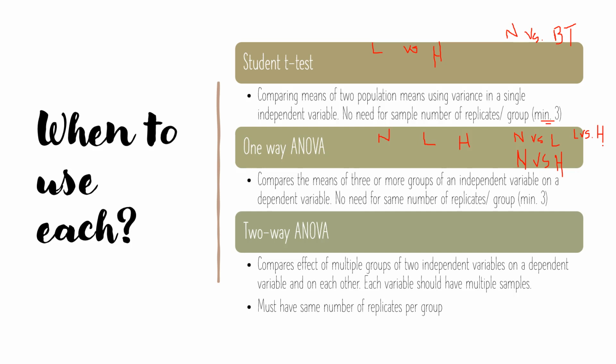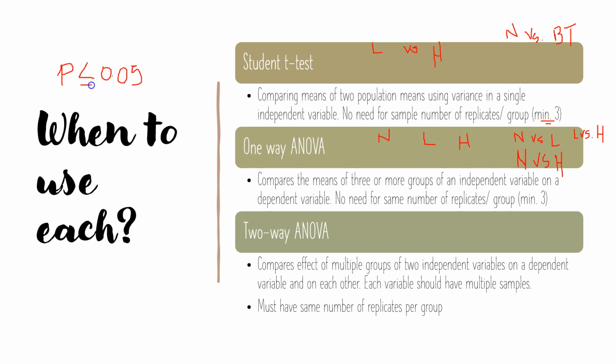One-way ANOVA, the only thing it will tell you with its analysis is whether or not there is something within those 3 groups that is statistically different. That is indicated by the p-value. The p-value that we want to look for, regardless of whether it's student t-test or one-way ANOVA or two-way ANOVA, is p less than 0.05.